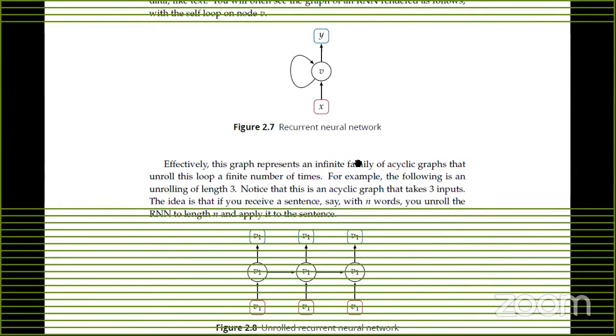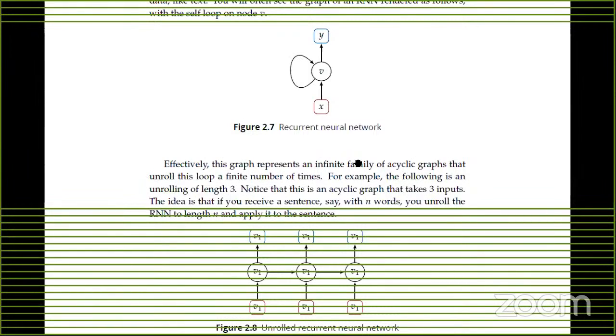If you are doing something with English sentences, where the sentences can be of varying lengths, then you can't use these feed forward neural networks that we have been looking at. So you need a recurrent neural network in these cases, and there are many applications, in fact speech recognition, machine translation and so on.